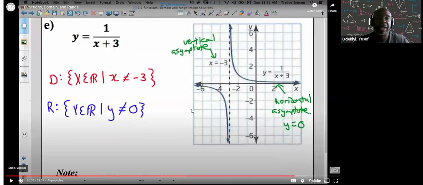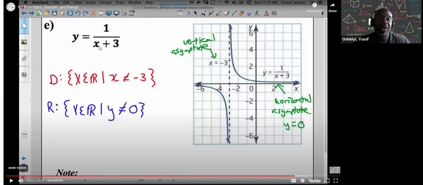Okay. Here is another function where you have an asymptote. First of all, it's an asymptote because you can never get to 0 with this, right?